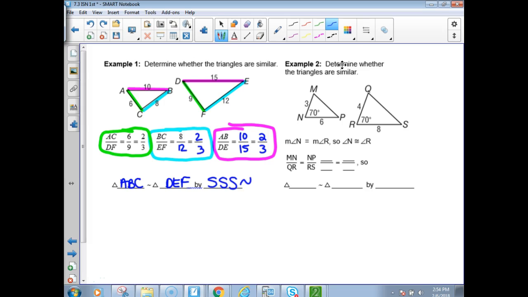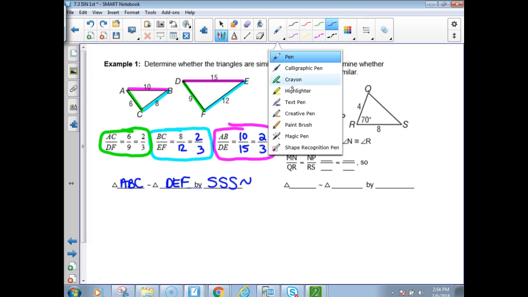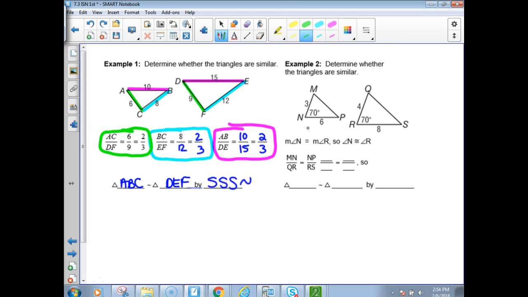Okay. Example 2, we're going to determine whether these triangles are similar. On this one, we've already got an angle given. The 70-degree angle, angle N and R are congruent. MN corresponds to QR, and NP corresponds to RS.